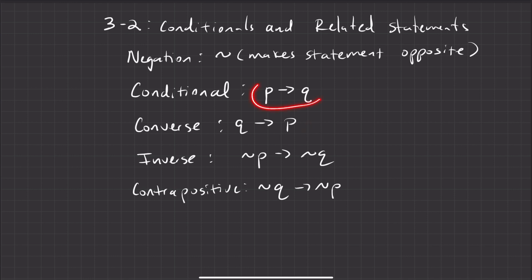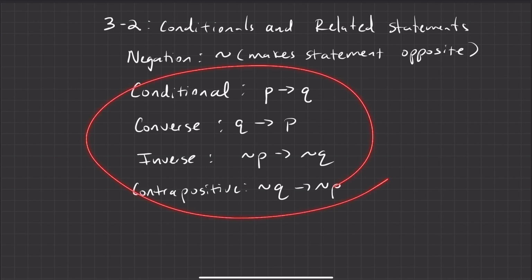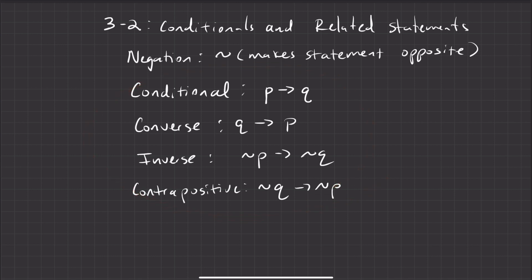You swap the P and the Q, and you add the negation symbol to both of them. So it's if not Q, then not P. These are the things you're going to have to memorize. It's going to be on you to know the difference between the conditional, the converse, inverse, and contrapositive.